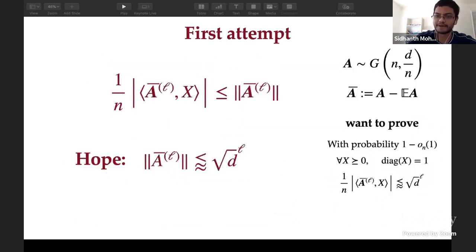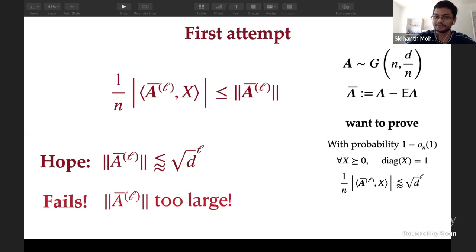As a first attempt, you could make the observation that the operator norm of the Lth non-backtracking power is an upper bound on the SDP value. One could hope to prove the bound that we want by bounding the operator norm.